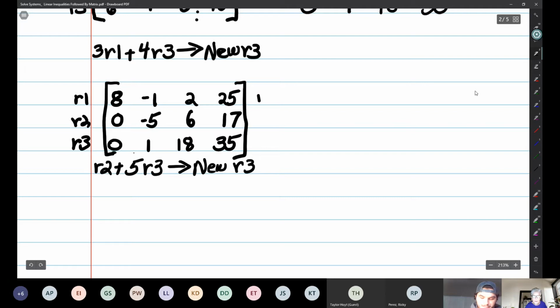Okay, so row 2 is going to be 8, negative 1, 2, and 25. And 5 times row 3 is going to be 0.